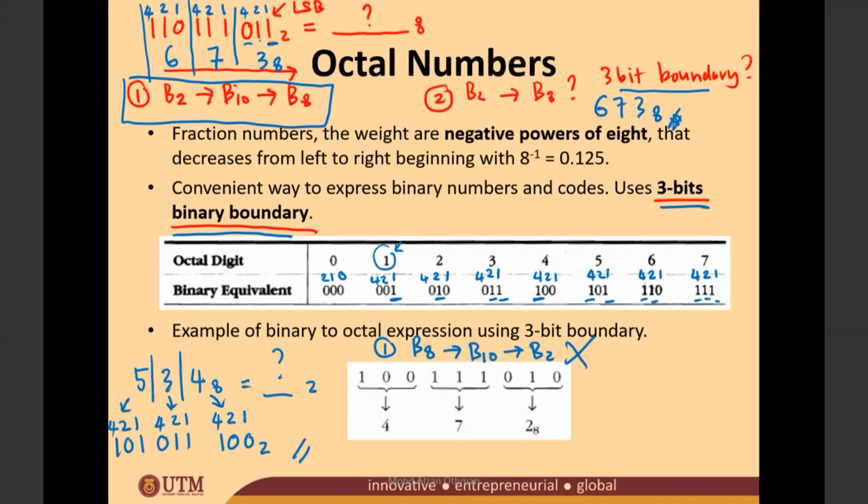So kamu dah dapat asas 2. Okey, daripada octal pergi ke asas 2 directly gunakan 3-bit binary boundaries. Okay. So this is how to convert lah daripada binary ke octal, daripada octal ke binary. Ada soalan tak?